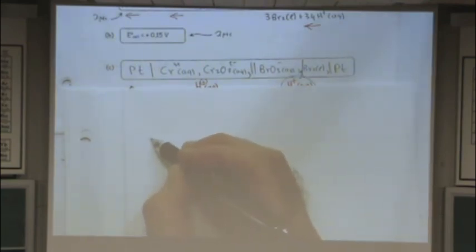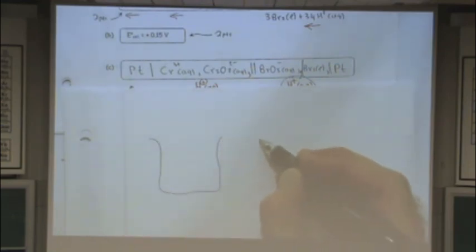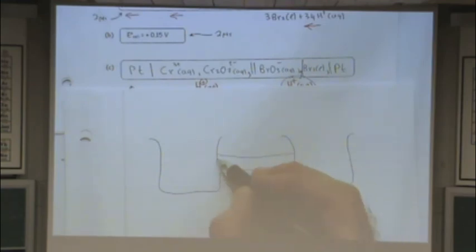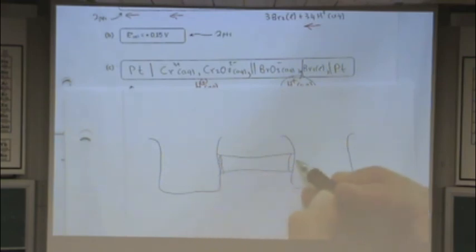So here is one. Here is the other. Here's my bridge. I like to do my bridge like this. Here is the membrane, right? And here's my solution. Here's one, here's the other.